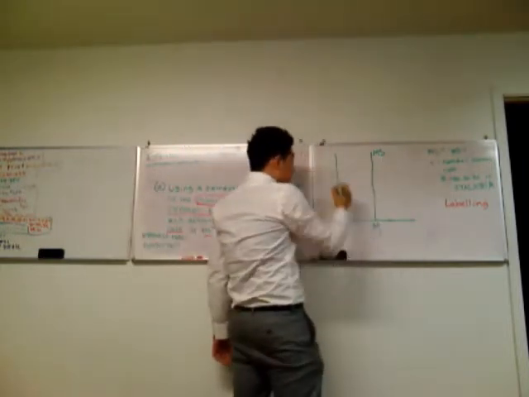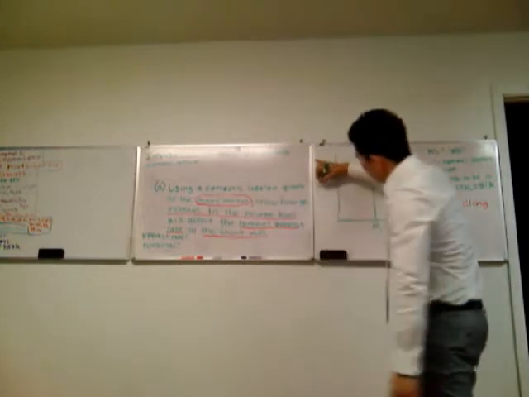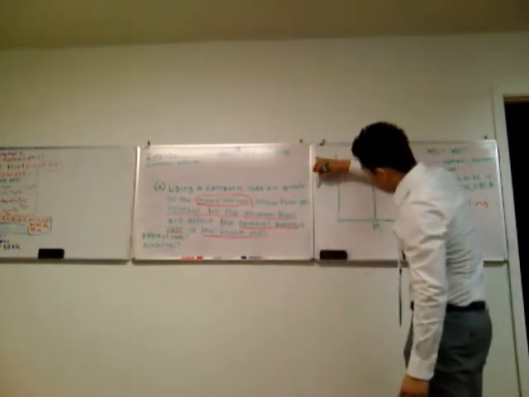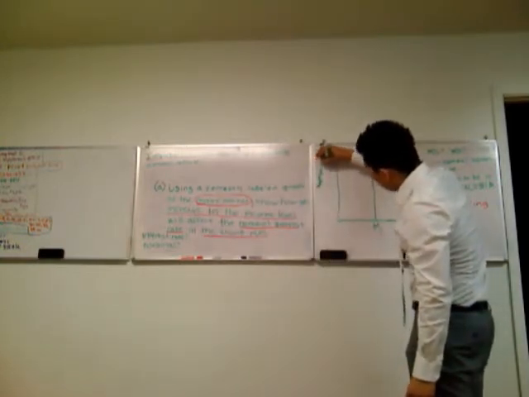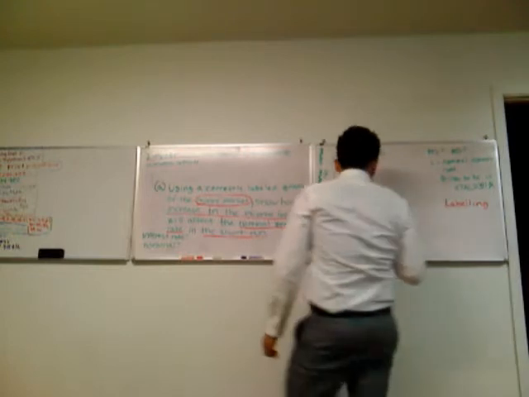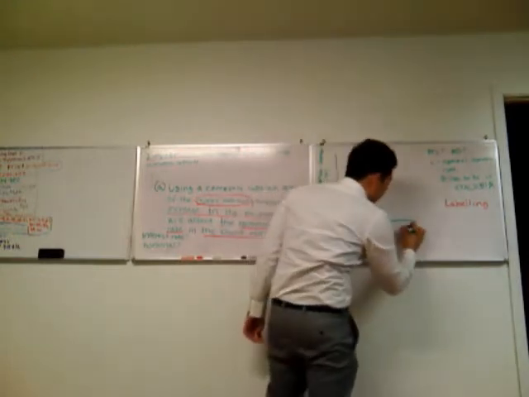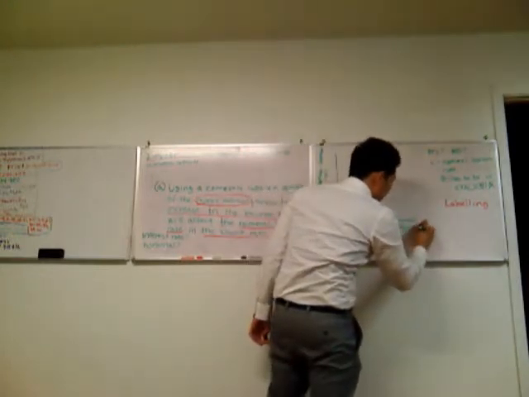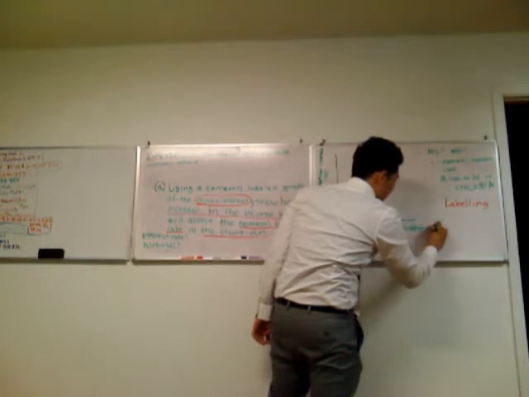Now, on the y-axis, we have the nominal interest rate. And on the x-axis, we have the quantity of money.